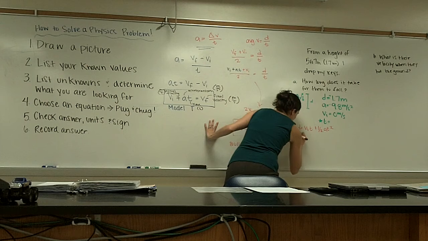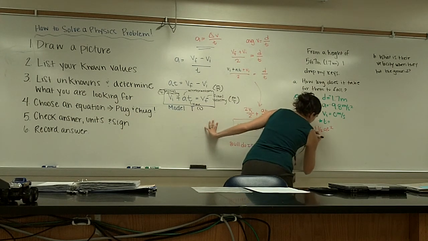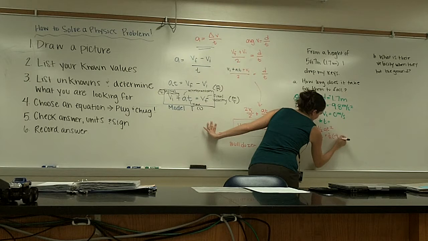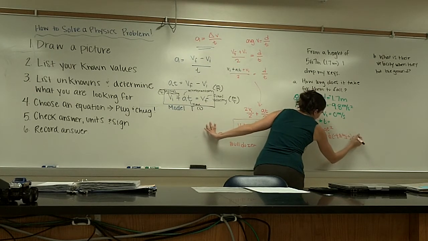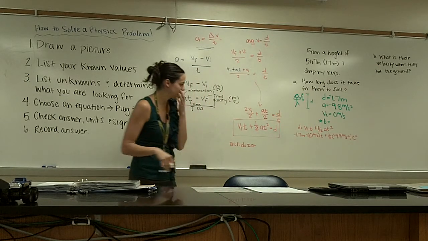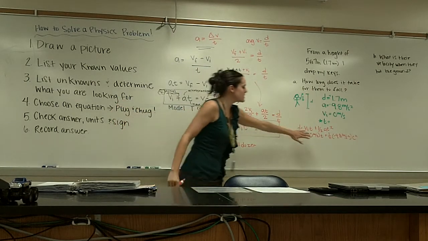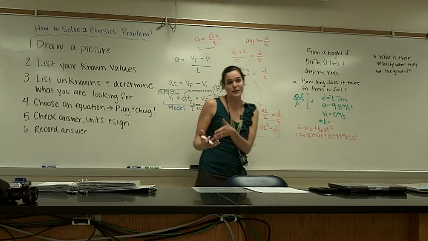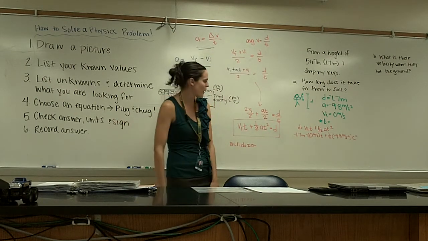So I'm going to say negative 1.7 meters equals 0 meters per second times time plus 1/2 times negative 9.8 meters per second squared times time squared. Okay? This whole chunk is going to disappear. 0 times anything is simply 0.